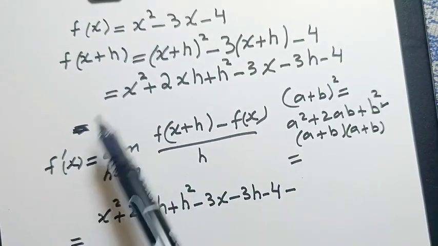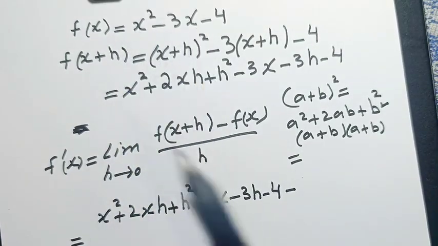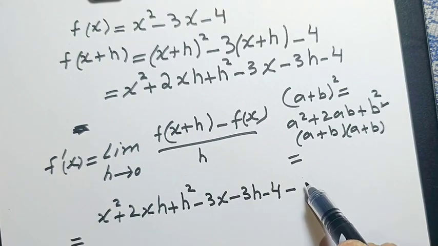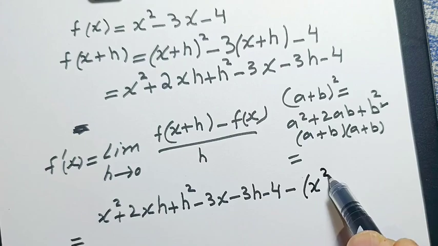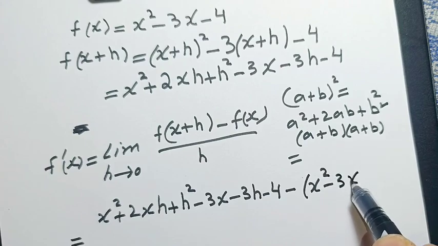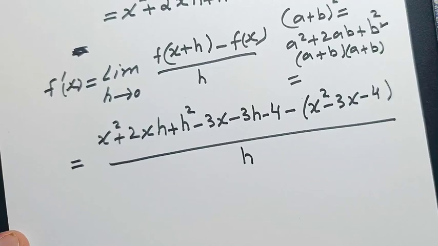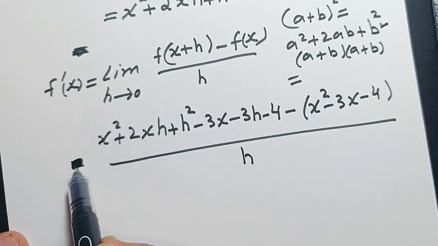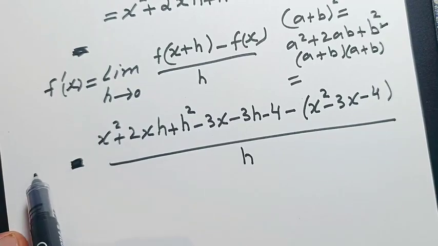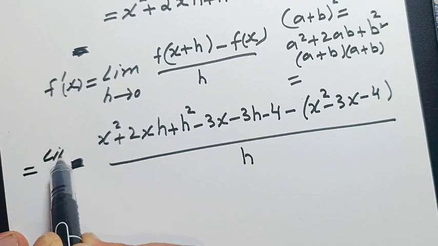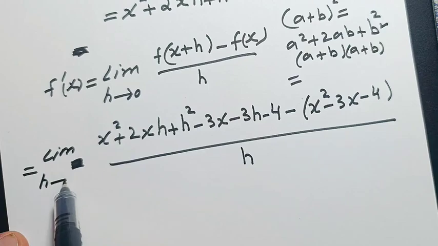F of x we have x square minus 3x minus 4. So x square minus 3x minus 4, over h, right? Sorry for that, I must write here. You have to write the limit as h approaches 0.